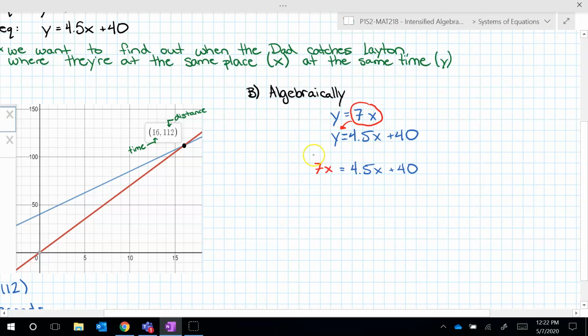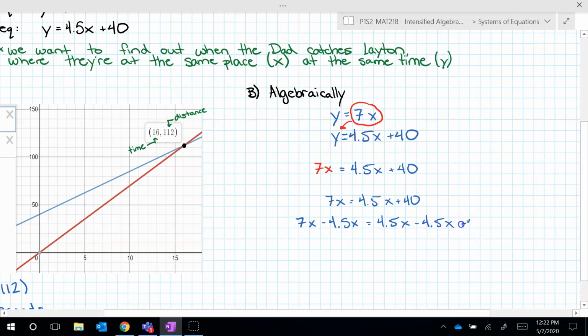And now I'm back to what we did last week, solving a single equation, right, with one variable. So I have this equation. Let's try to solve it. If 7x equals 4.5x plus 40, I need to move this 4.5x to the other side. We're going to use that subtraction property of equality to subtract 4.5x from both sides of this equal sign.